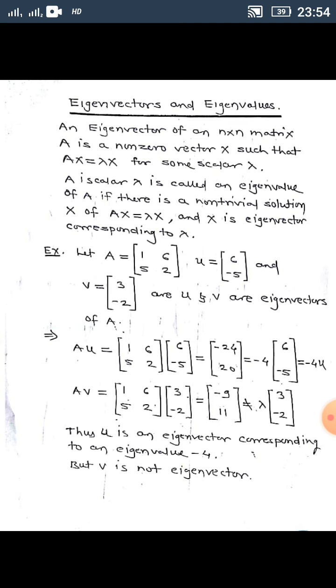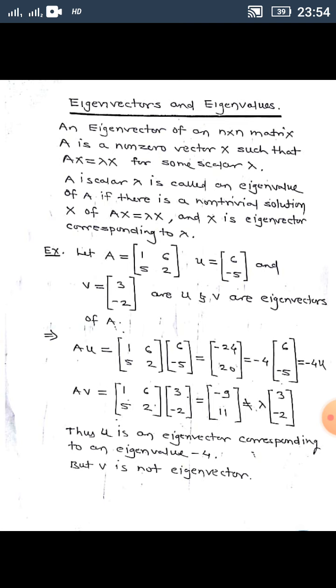AV is the matrix 1, 6, 5, 2 times the V vector 3, minus 2. Now we multiply: 1 into 3 is 3, 6 into minus 2 is minus 12, 3 minus 12 is minus 9. 5 into 3 is 15, 2 into minus 2 is minus 4, 15 minus 4 is 11.